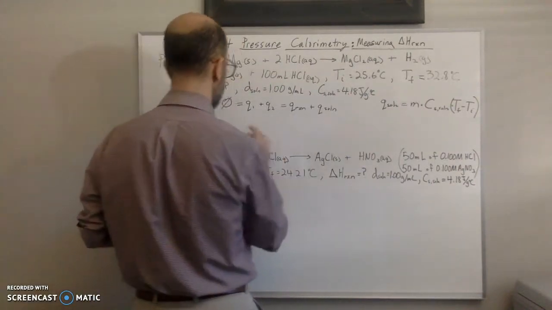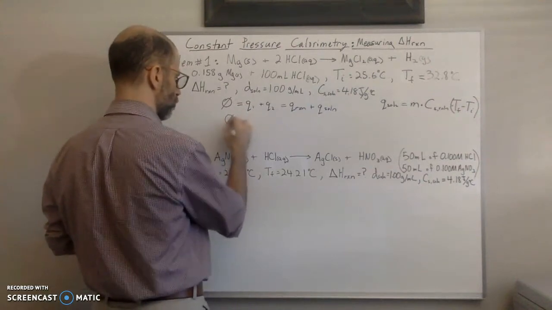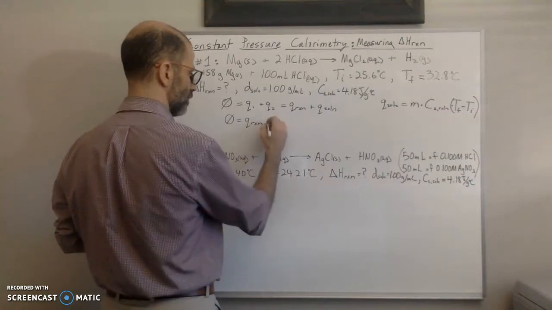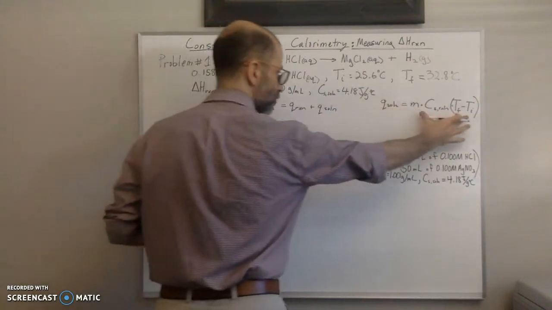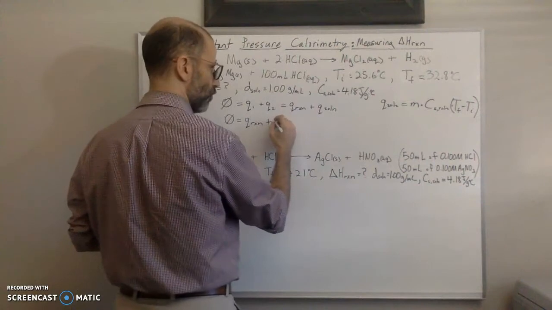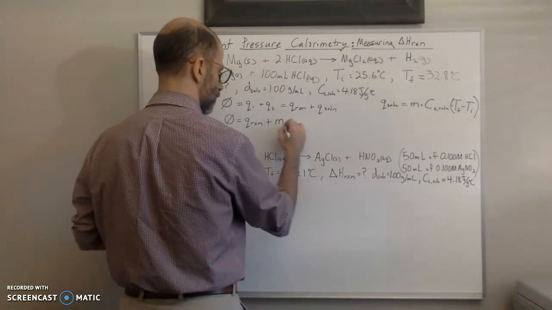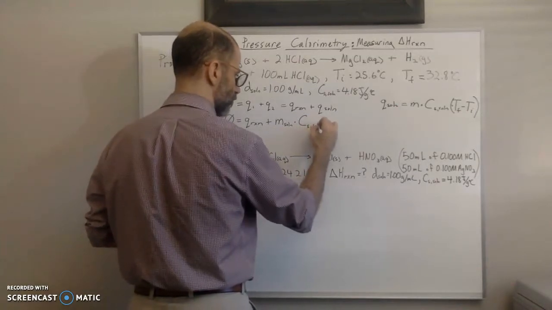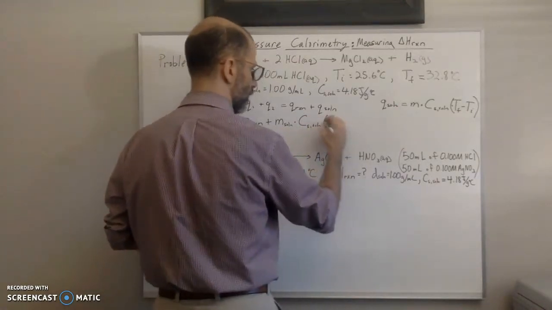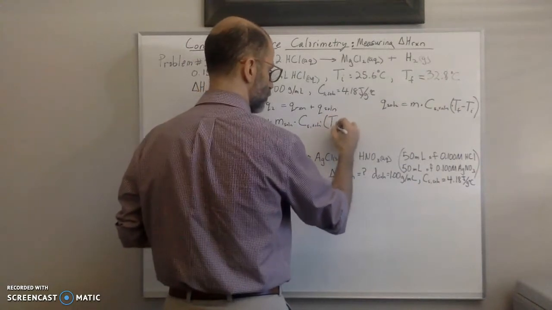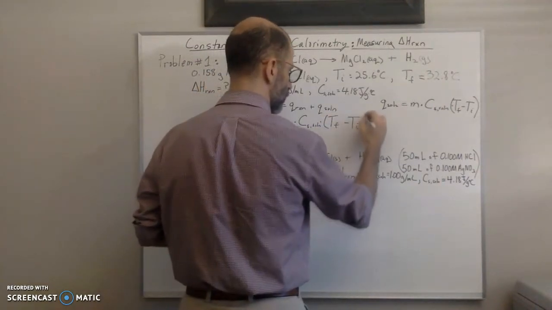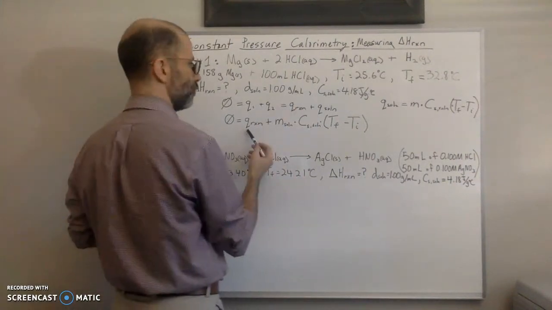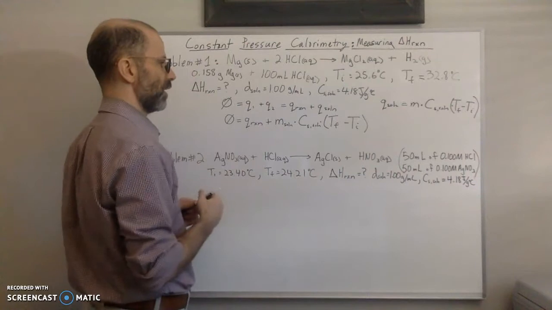So if we plug everything in, 0 is equal to the Q of the reaction plus, and then we substitute this in for Q of the solution, the mass of the solution multiplied by the specific heat of the solution, and then multiplied by the final temperature minus the initial temperature. So we know everything except for Q of the reaction. That's what we're going to find.